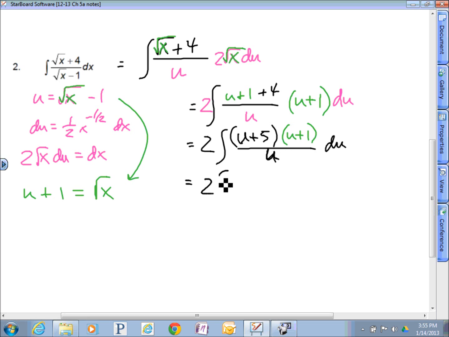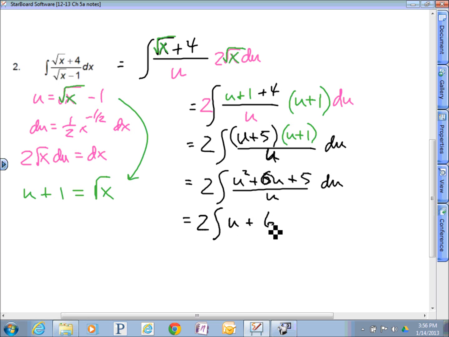So 2 integral u squared plus 5u plus 5 all over u. Actually, how about if we make this a 6u plus 5 with a du. So splitting it into 3 separate integrals, 2 integral u plus 6 plus 5 over u du. Are those integrals we can do?